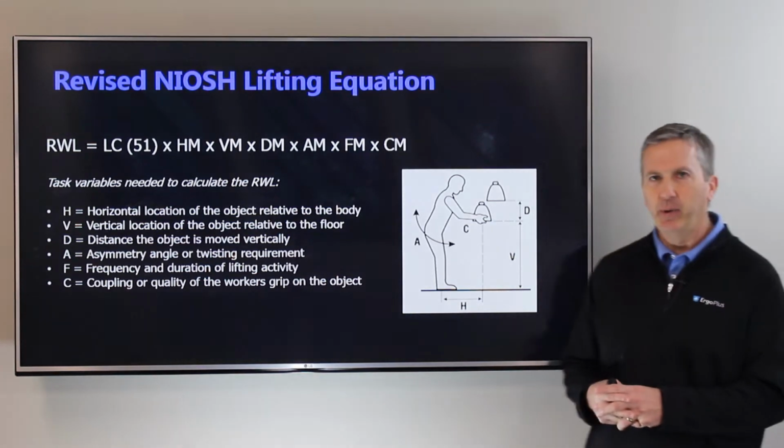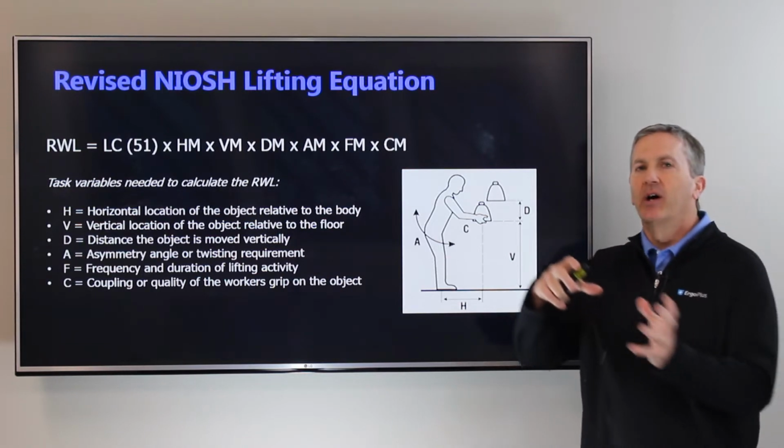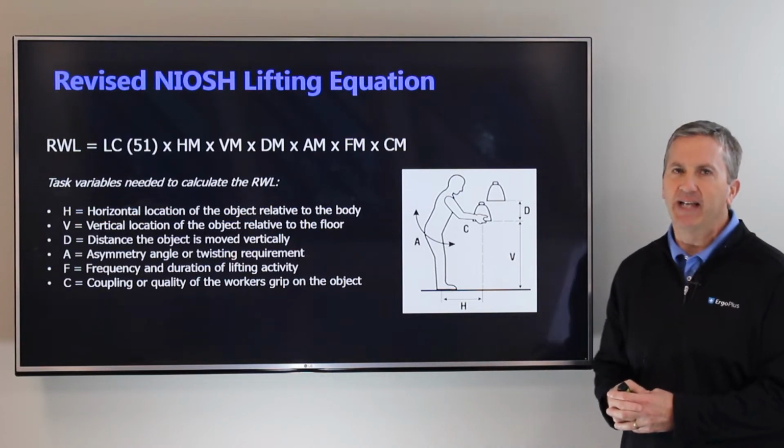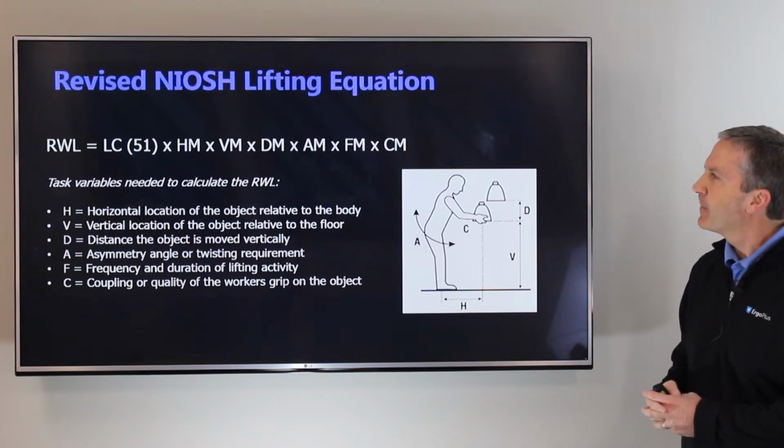The primary output of the equation is a recommended weight limit based on the task variables involved for that lifting or lowering task. So RWL stands for recommended weight limit.